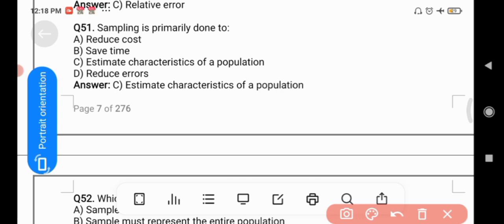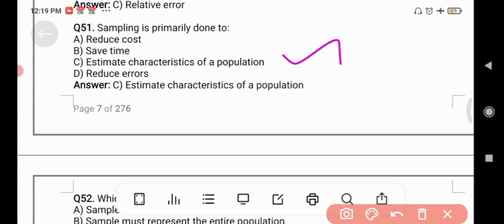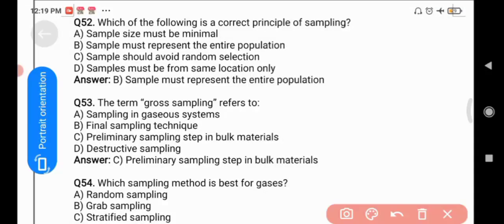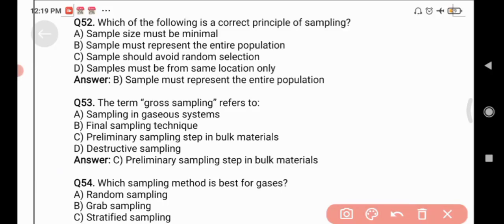Sampling is primarily done to option C, estimate characteristics of a population. Which of the following is the correct principle of sampling? Option B, sample must represent the entire population.